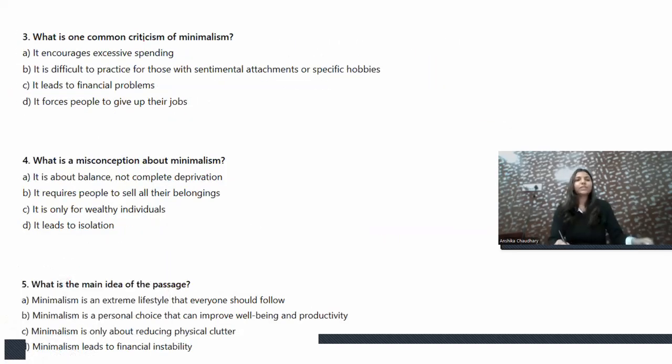The next is, what is one common criticism of minimalism? It encourages excessive spending? No, it decreases spending, because we are minimizing things. So how can it increase spending? And according to the passage as well, it is not listed there. It is difficult to practice for those with sentimental attachments or specific hobbies. Yes, it is the answer, and it comes from here.